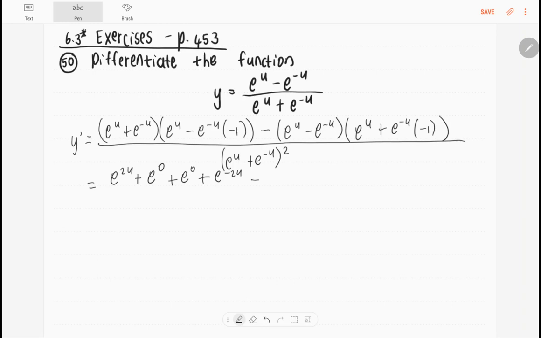Then we have minus, and we multiply out the second brackets. So then we have e to the 2u. Then I'm going to multiply the first with the second. So I have minus e to the 0. Then I have my second multiplied by my first, so it's minus e to the 0 again. And then I have my second multiplied by my second, so that's going to give me plus e to the minus 2u. And that's all over the bottom squared.